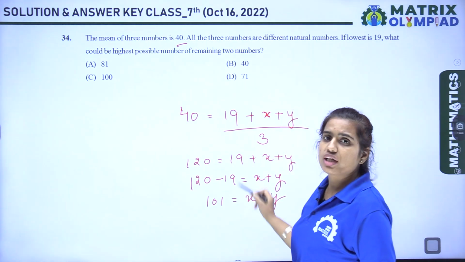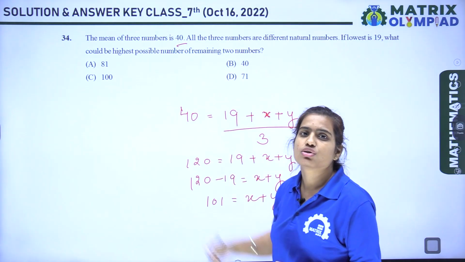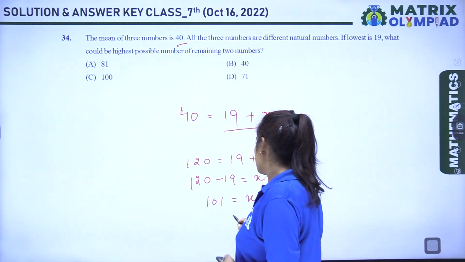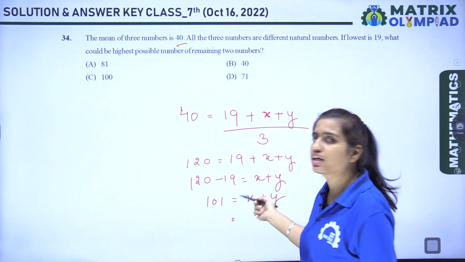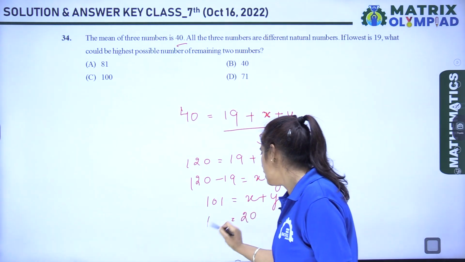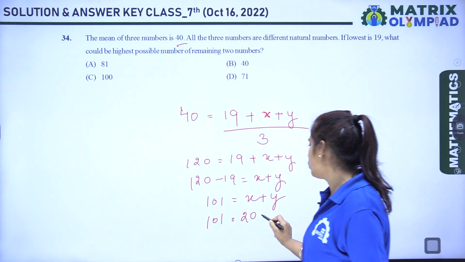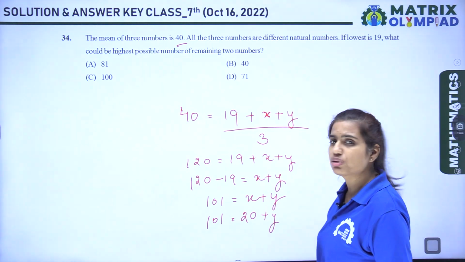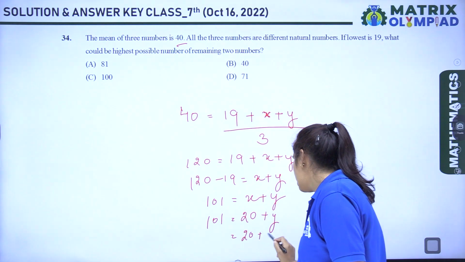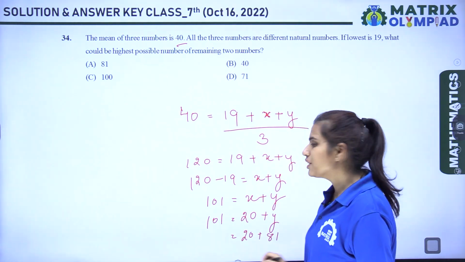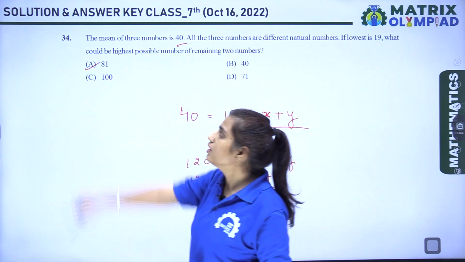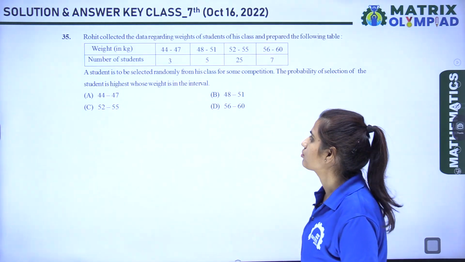We know that the lowest number is 19, so let us take the next number as 20, which is greater than 19. 101 equals 20 plus y. So the highest possibility for the next number will be 81. So 20 plus 81 will give 101. So here option A is the correct answer.